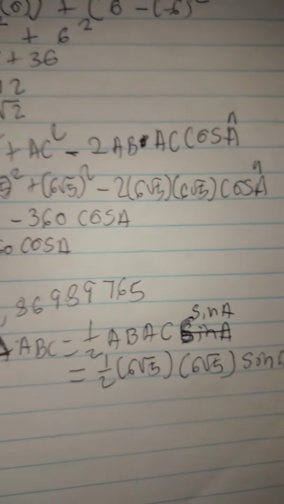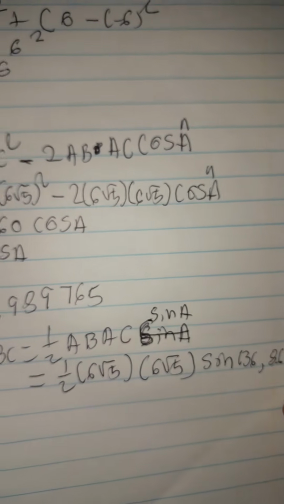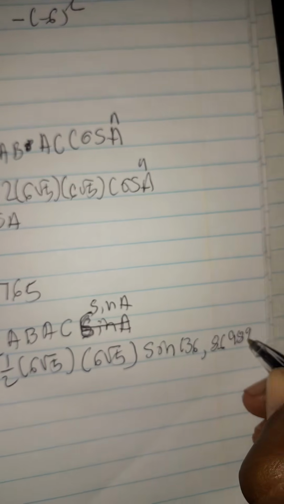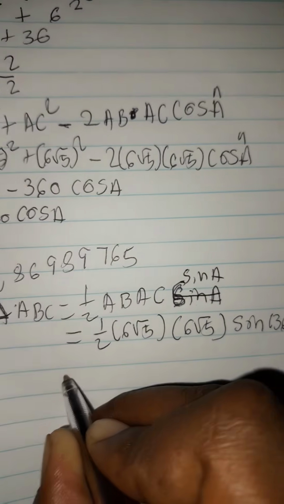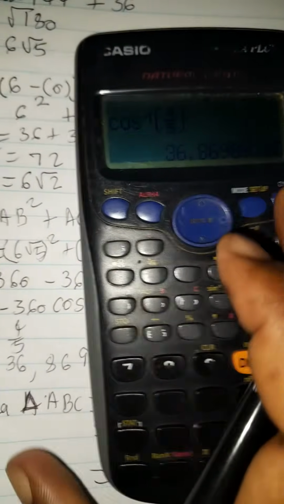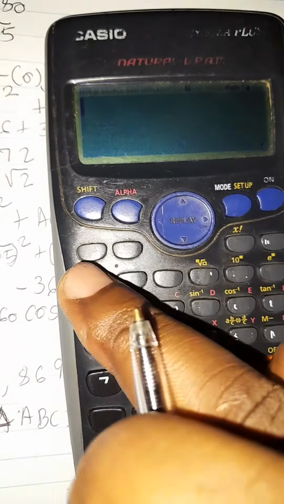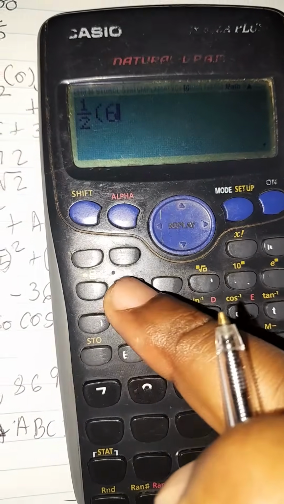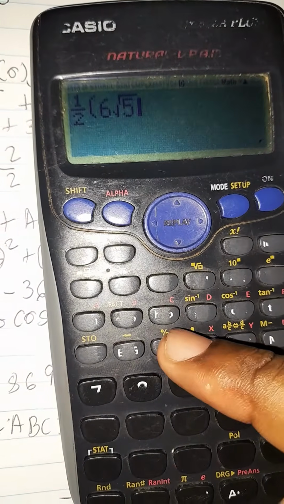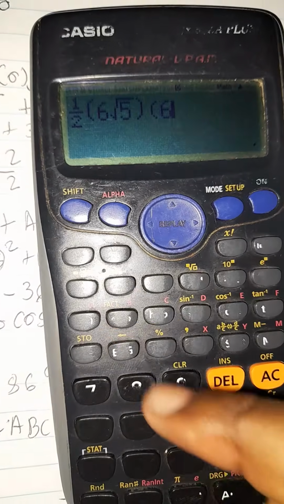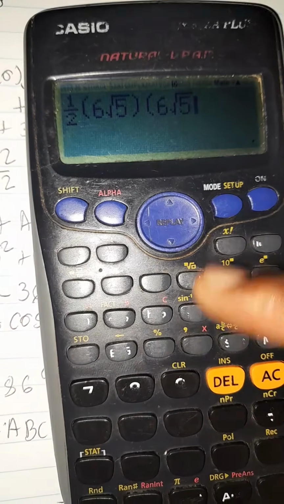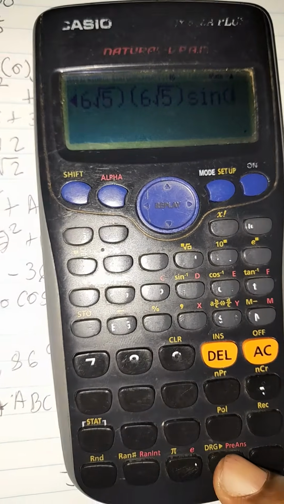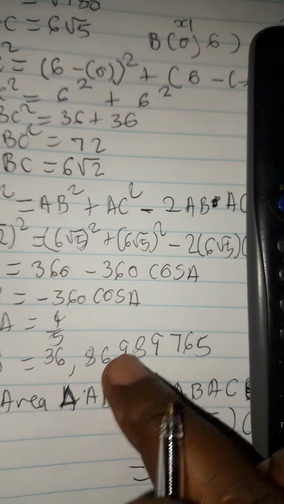Then from there you can punch it into your calculator. We say half times 6 root 5 times 6 root 5, multiplied by sine of angle A, 36.86 and so on.